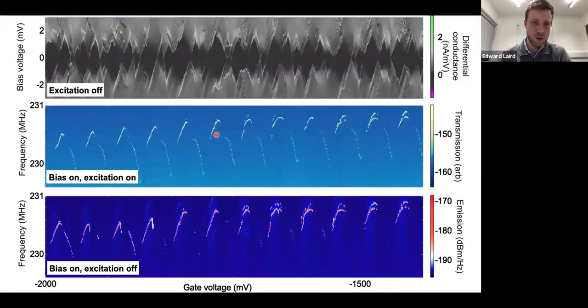So it seems that we got lucky here that the tunnel rate is slow enough to give this feedback. What helps, of course, is that the mechanical coupling to the charge and the quality factor are both quite high, which means that it doesn't take very much feedback to overcome the natural damping of the resonator.